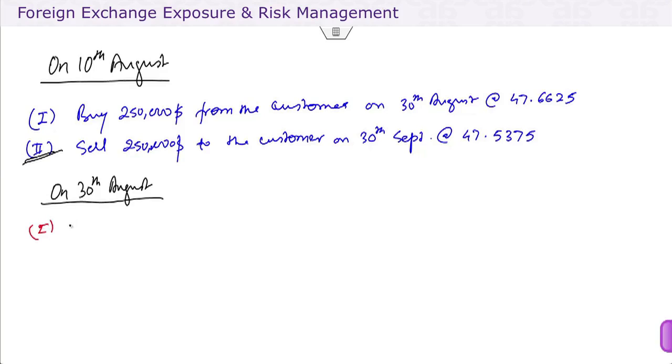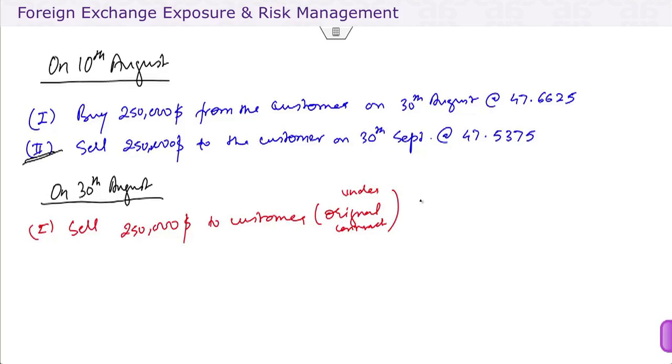The bank will sell $2,50,000 to the customer because of the original contract, at whatever rate was agreed.